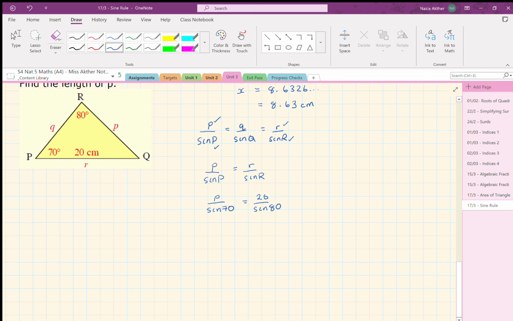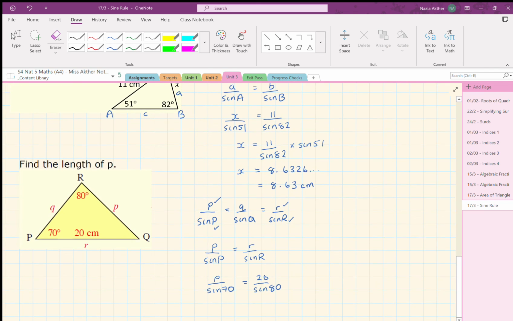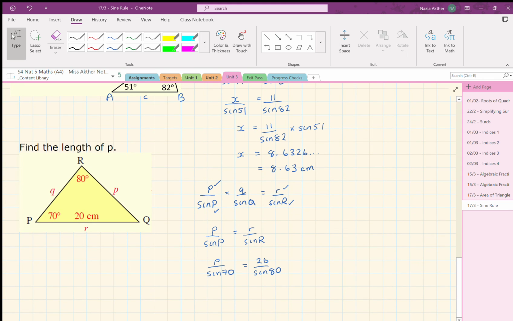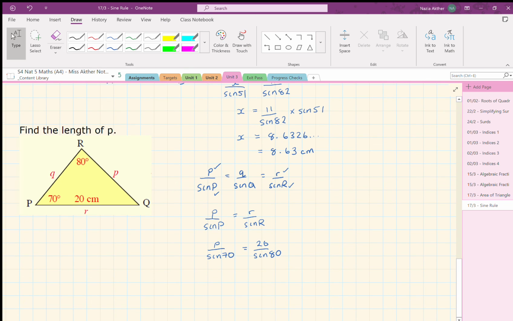Like in the previous example, because we need to work out what P is, and at the moment P is being divided by sine 70, we need to multiply both sides by sine 70 to get rid of the sine 70 at the bottom here. So our equation becomes 20 over sine 80 times sine 70.